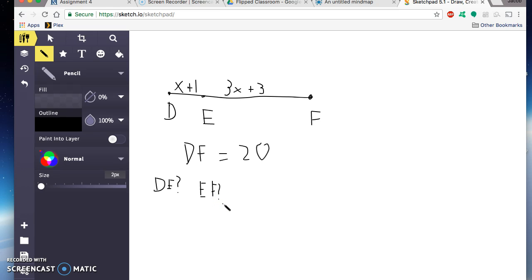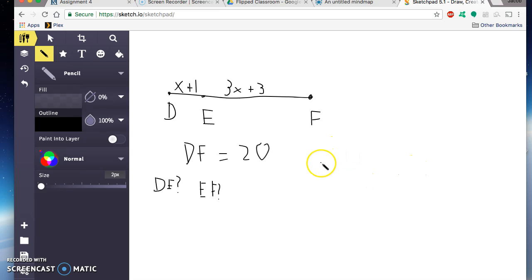A little bit trickier now that we're not just giving integers, but the same concept still applies. We know x plus 1, and we know 3x plus 3, and we know the whole thing is DF, which is 20. That means, just like before, if we add the two segments in the middle together, we'll get the whole thing.